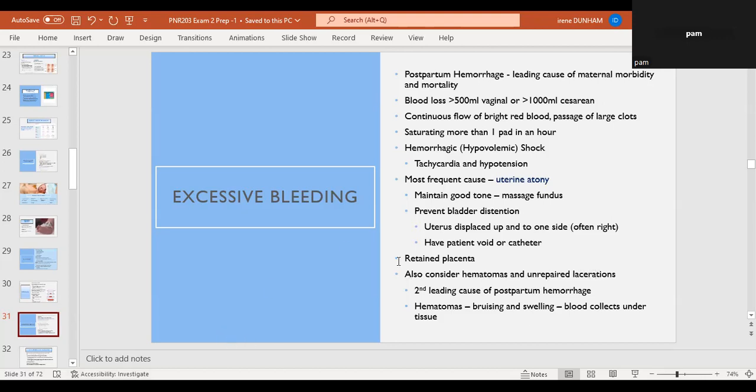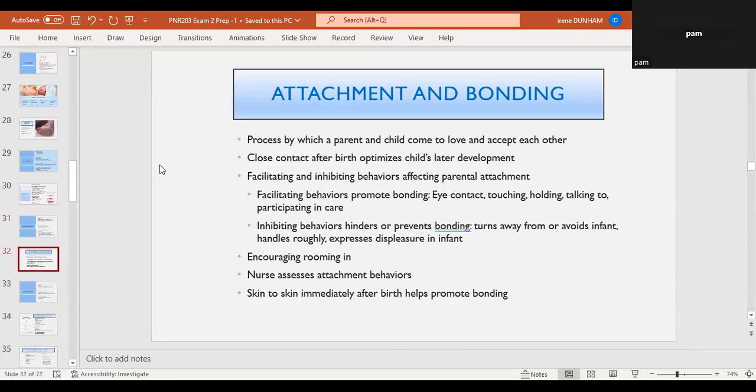So the doctor needs to be called. The second leading cause of postpartum hemorrhage would be those hematomas and unrepaired lacerations. Now, hematomas are bruising and swelling, right? That's blood that collects in the tissues. Like I said, that is painful, and that can all cause excessive bleeding. I don't want to lose my mom about that.